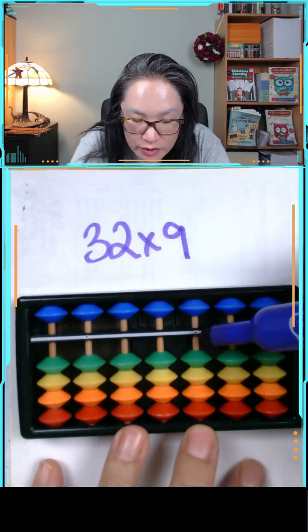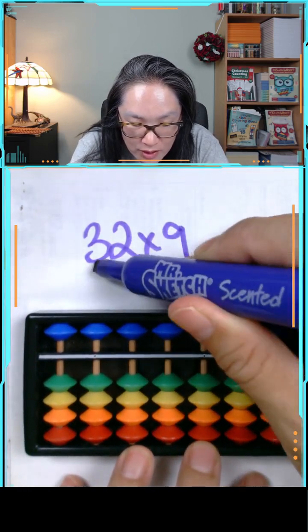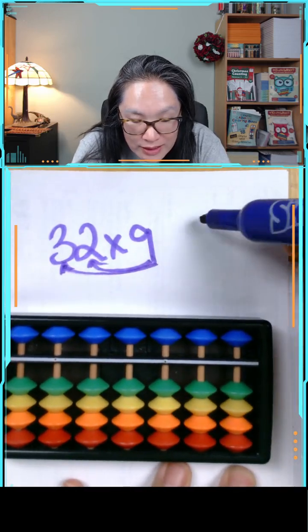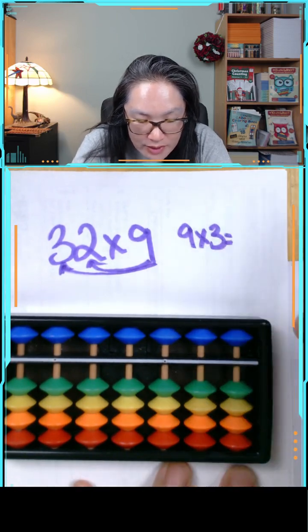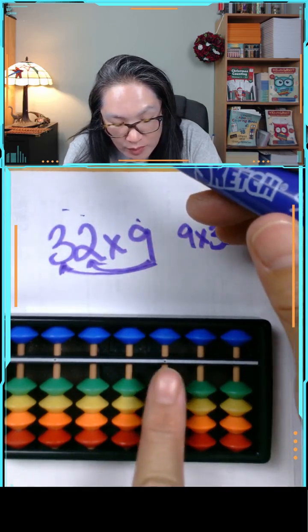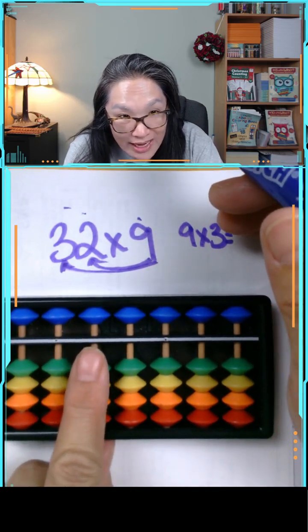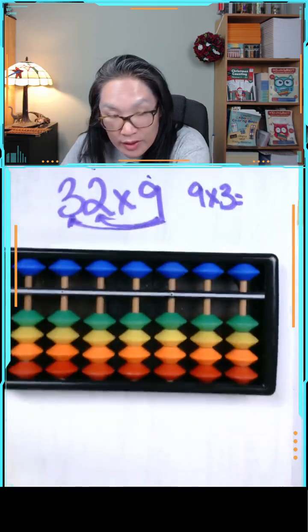In abacus world, you need to know your multiplication facts. Distributive property means we take this number and then we take this number, right? So we're going to do 9 times 3. Oh, sorry. I got to count my digits: 1, 2, 3. So I'm going to be in the hundreds when I do my abacus. My answer is going to be in the hundreds. It will always be that way no matter what.